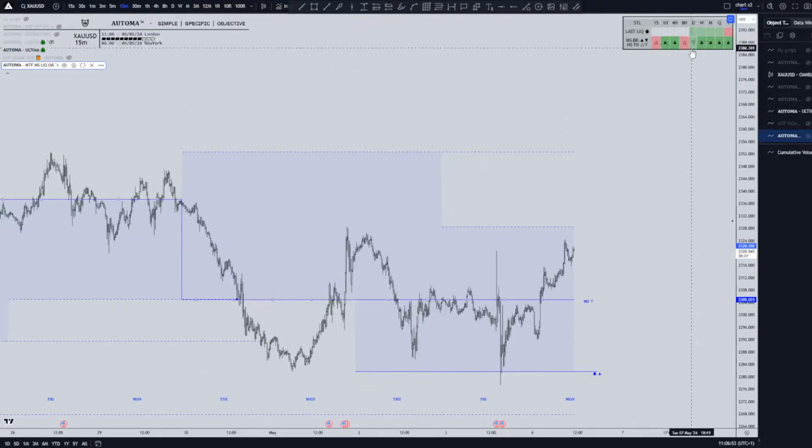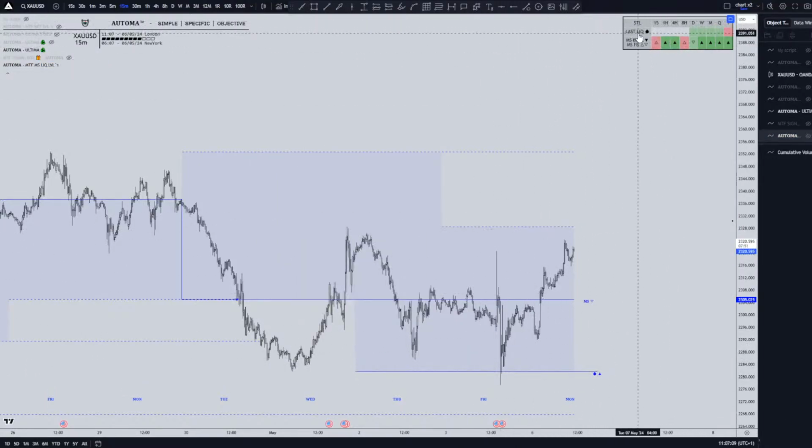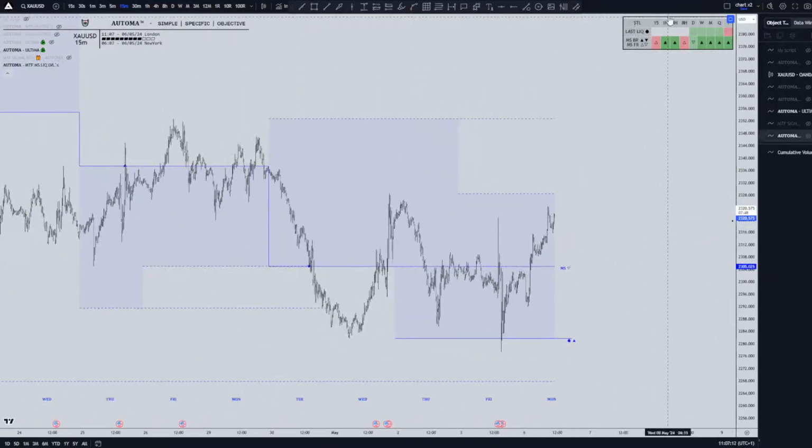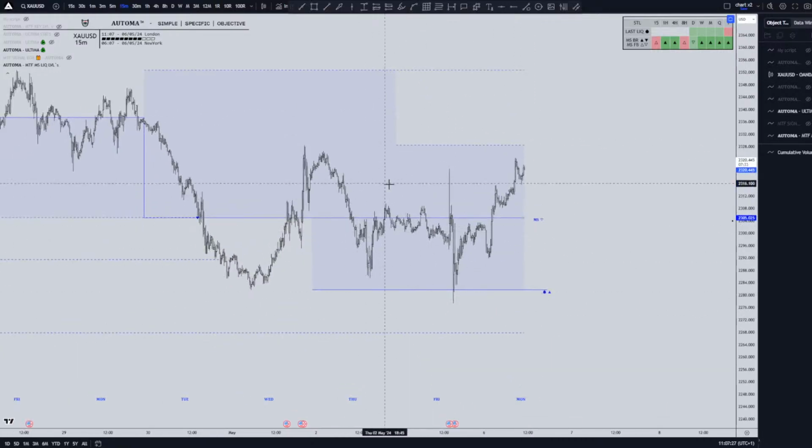The table itself will provide you either a false breakout or a breakout on a specific time frame, and where we are in regard to the last liquidity storyline. Over here it shows you the last liquidity storyline, which is basically these levels here. This indication means the last liquidity we swept, we rejected, so we are bullish. Obviously if market structure is failing to proceed, it's going to reverse.